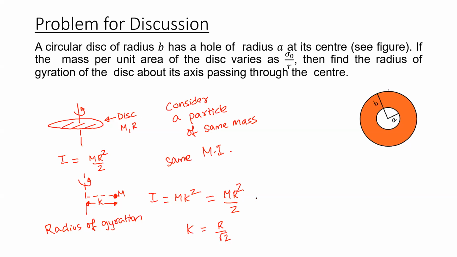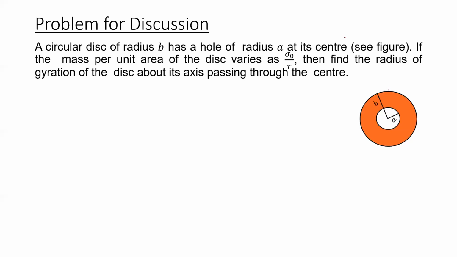Here, suppose I get the moment of inertia of this as I. Let's say the mass of this disk with the hole is capital M. Now, to get the radius of gyration, I'm going to treat it as a particle, and that particle, when rotated about the same axis, will have the same moment of inertia.